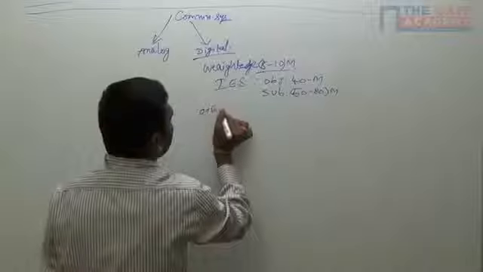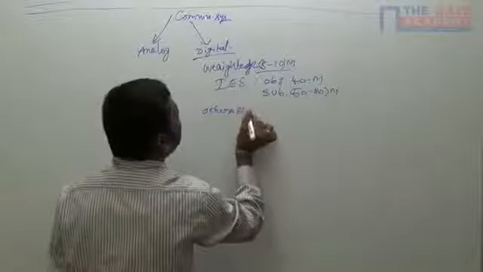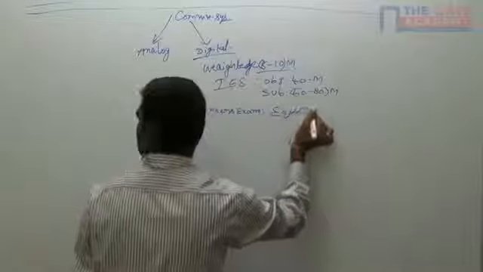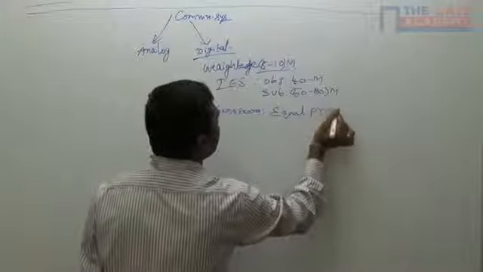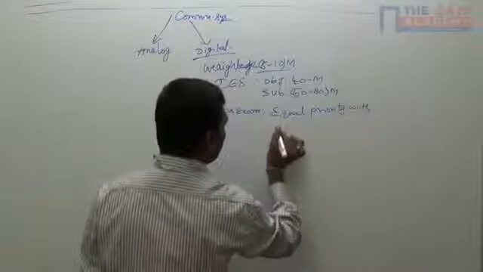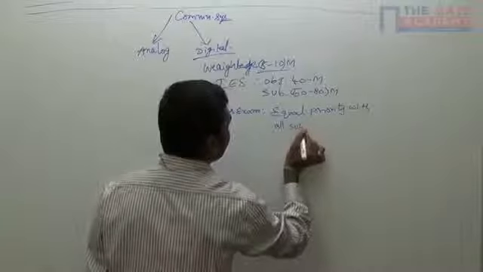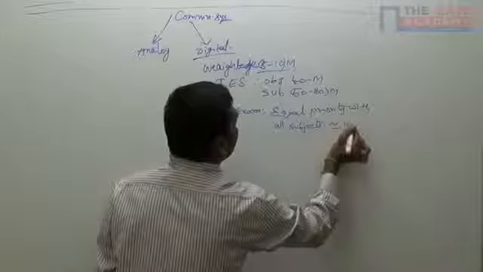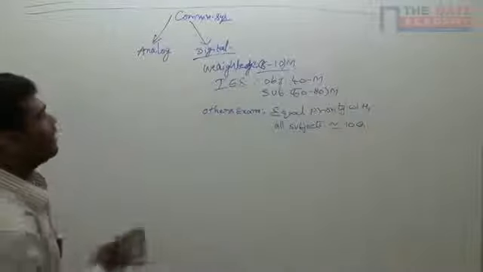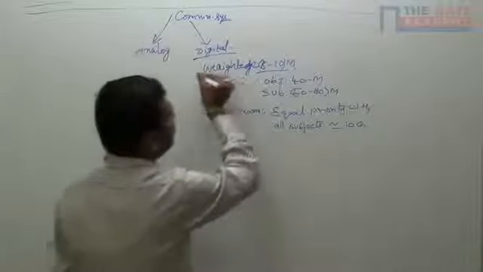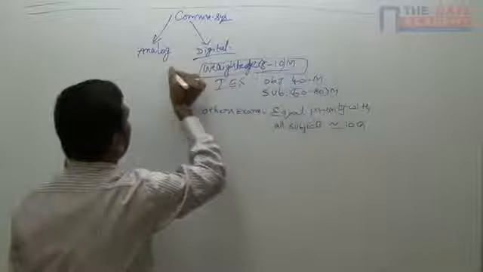And in other exams, it has equal priority with all subjects. That means we can take it as about 10 questions. Okay, so this is the importance of communication systems. Mainly we are concentrating on GATE.